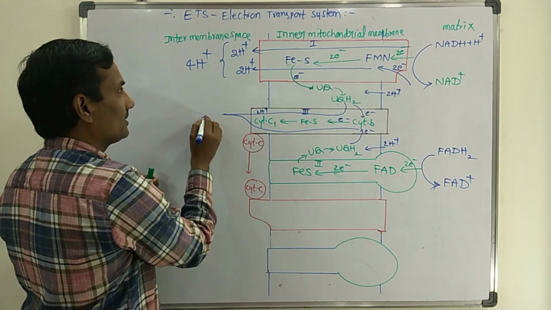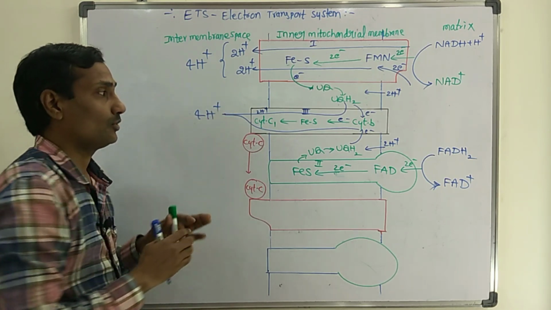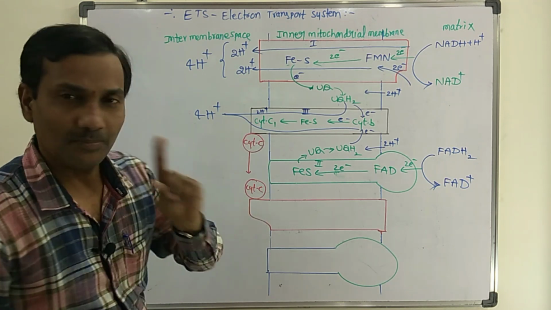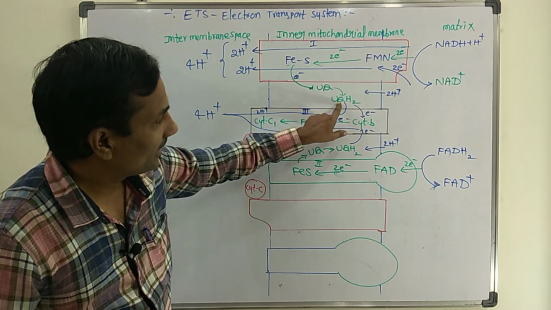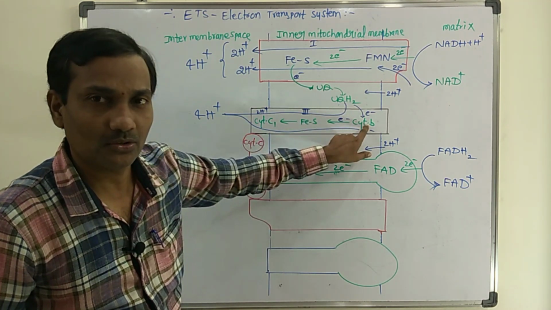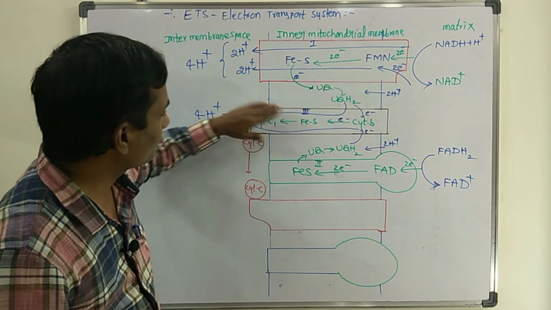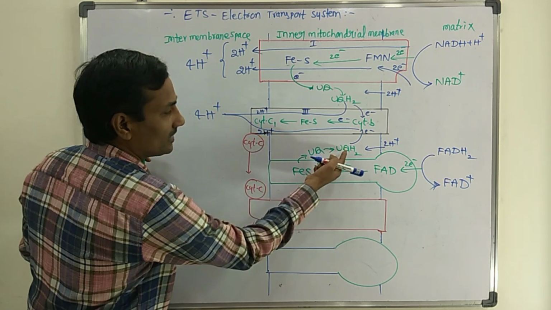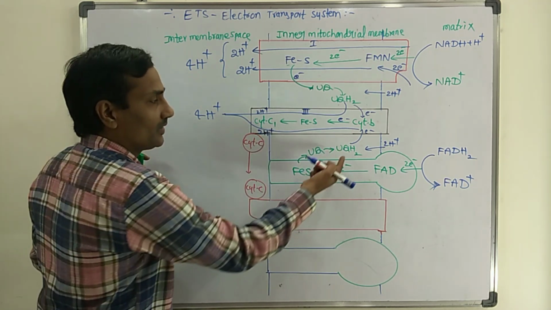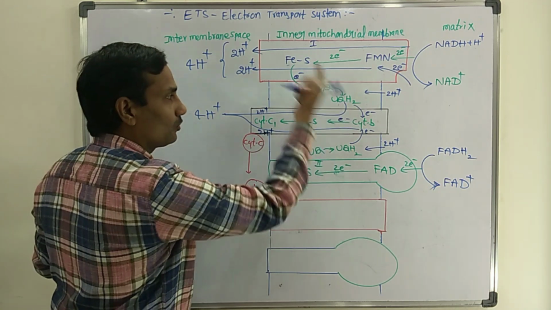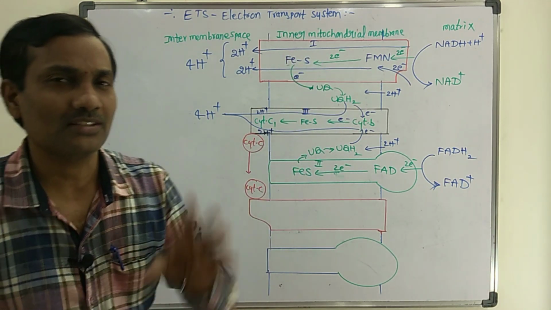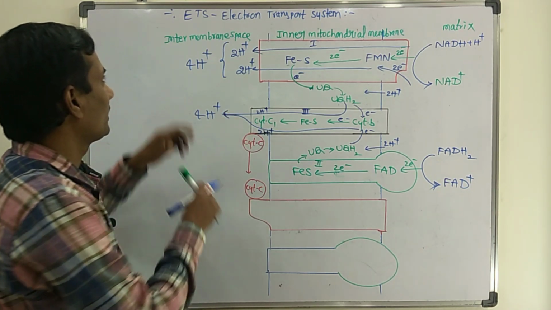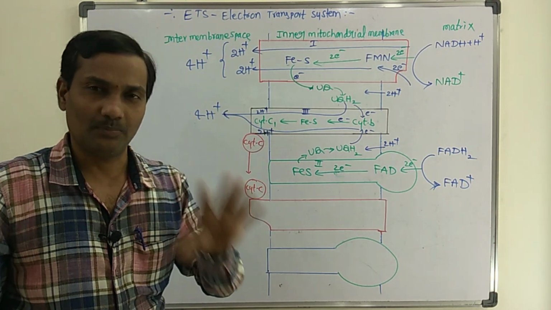These 4 protons translocate into the perimitochondrial space or intermembrane space. Because electrons are transferred to cytochrome B, 2 protons are released, and 2 more protons come from ubiquinol. So 2 protons from here, 2 protons from here. Total how many protons? 4 protons. These 4 protons enter the intermembrane space.